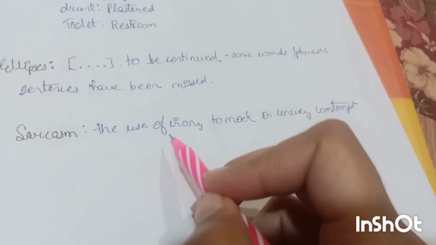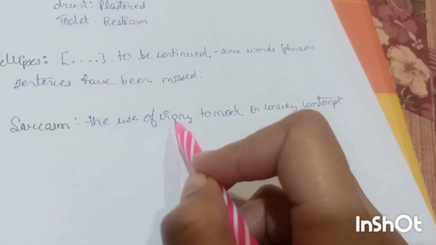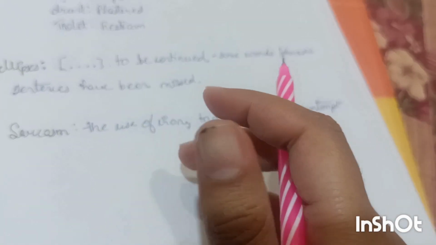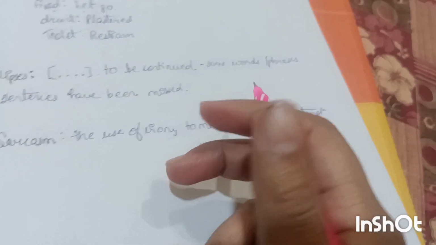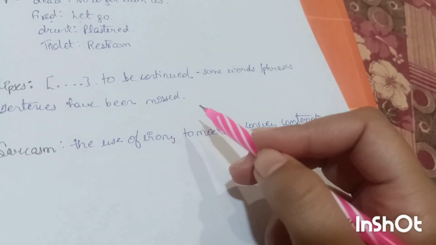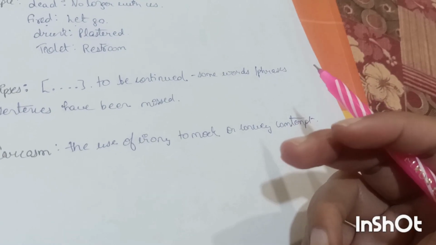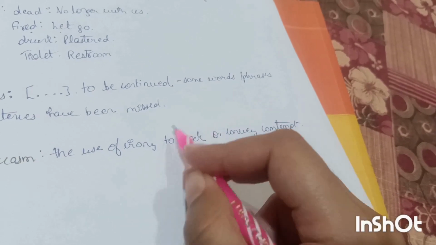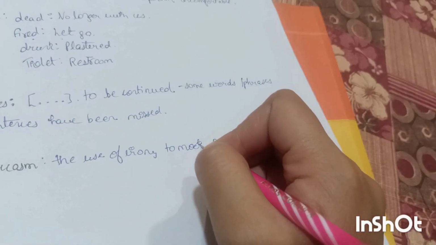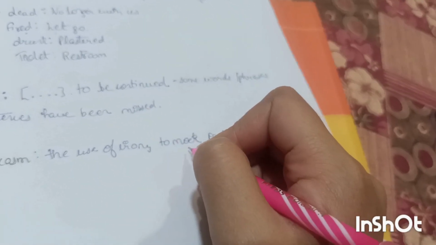So first let's understand what irony means over here. This means that we are using words that mean something else, but we are using them to insult the other person, okay? The meaning is something else and we are trying to speak something else, okay? You can see that contradicting things come in the middle, okay? And mock means we are using words so that we can insult the other person, okay?